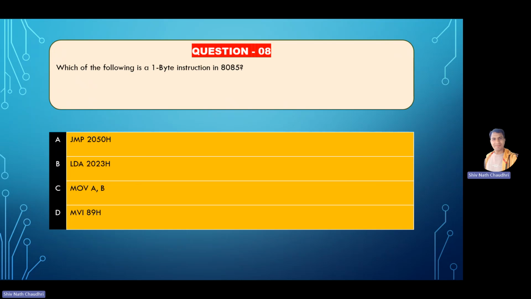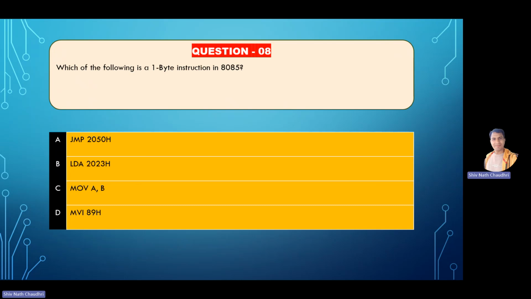Similarly in option B, there is one opcode for the LDA instruction and 16-bit data is given. So this is also a 3-byte instruction. In C, MOV A,B, no data is directly given, so the complete instruction is just the 1 byte of opcode.